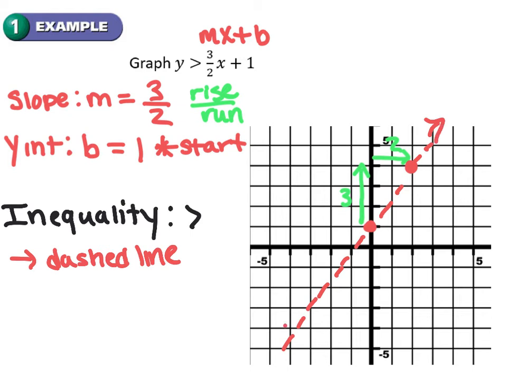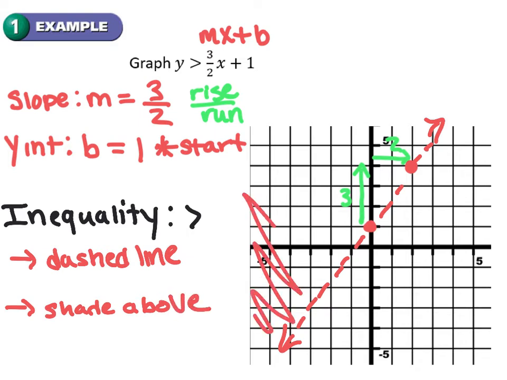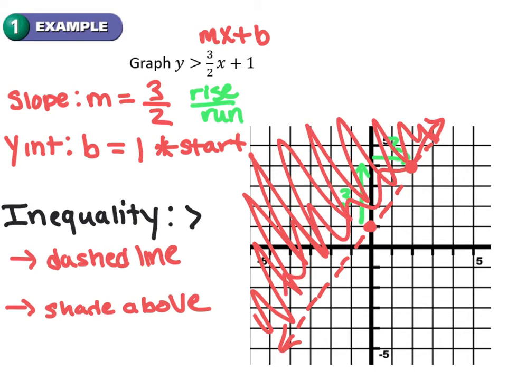I'm going to draw my arrows at both sides. Also, since it is greater than, we're going to shade above the line. So if I look at my line, I want to shade the top part. So I'm going to shade in this part of my graph.